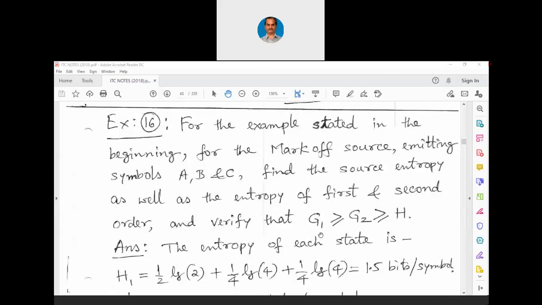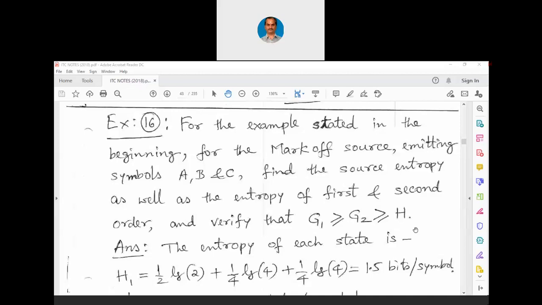That means emission of a single symbol, emission of two symbols, and verify that G1 is greater than or equal to G2, that is greater than or equal to H. What does this mean? We already had a small theorem where we had shown that when the symbols are statistically dependent and when the sequence length is large, the information content per symbol will be reduced.